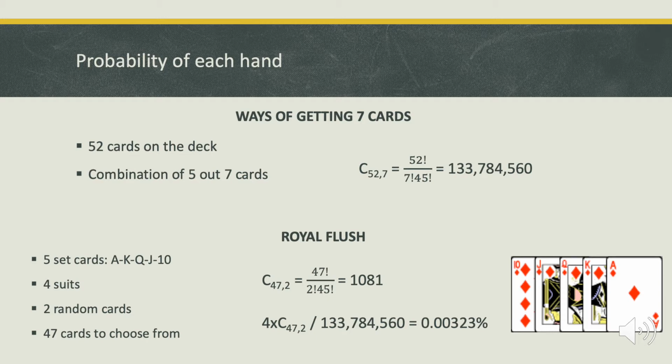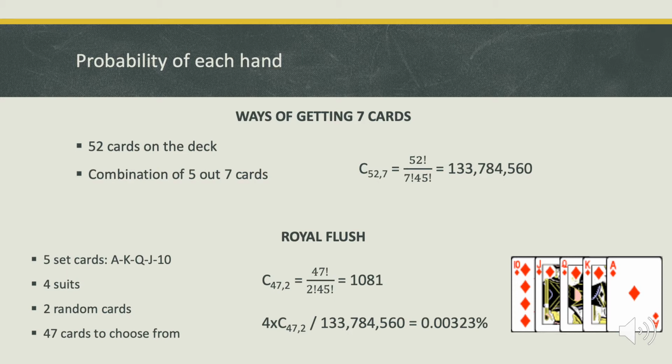However, 2 other cards are going to be in their hand or on the table. Those two other cards are random cards and can be from any suit. It doesn't even impact the royal flush. So taking out those 5 cards, those 2 random cards are found out of 47 remaining cards. So when we combine the 47 with the 2 random ones that we need to find, we get 1,081 possibilities.